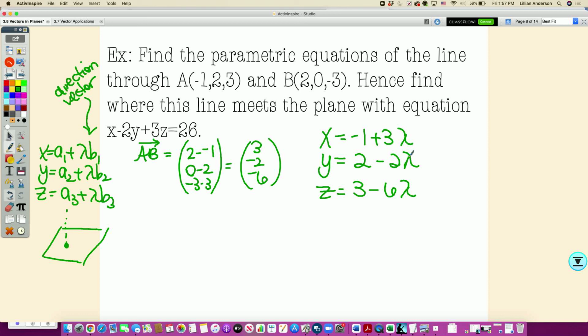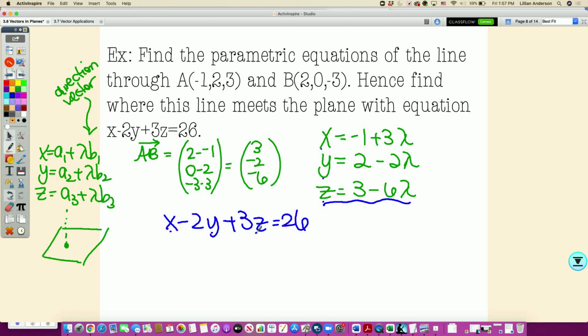Remember, hence means I need to use what I just found. So in that way I can figure out that point where they actually meet with that plane. Okay? So if this equation, x minus 2y plus 3z equals 26, is the equation for the plane, I'm trying to see specifically where this line that has this particular equation here meets, which means I'm going to plug in each of these values for the x, y, and z into the equation.